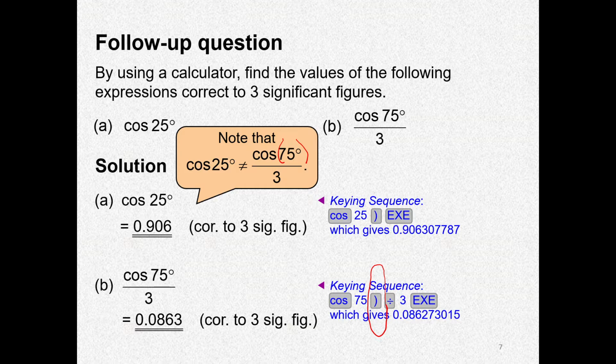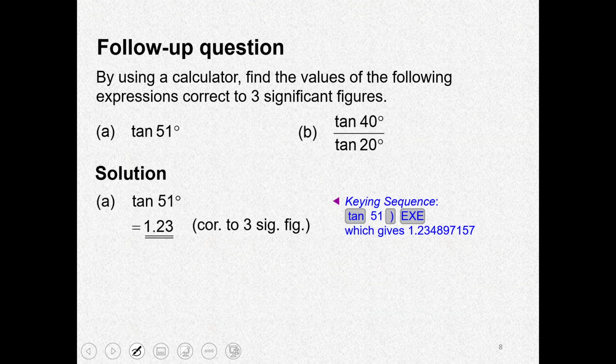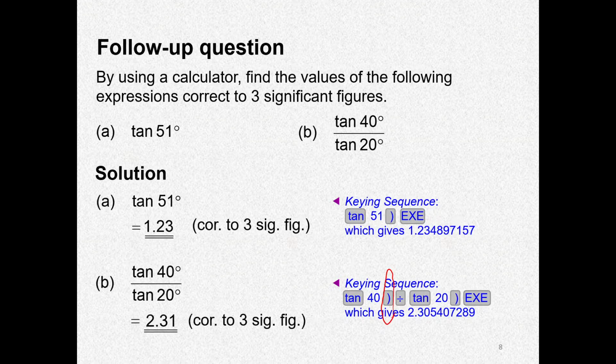Next, for the tangent. For part A, you can key in the sequence and then find out the answer 1.23. And then for part B, here, also bear in mind you need to close your brackets before the division. And so the answer should be 2.31.